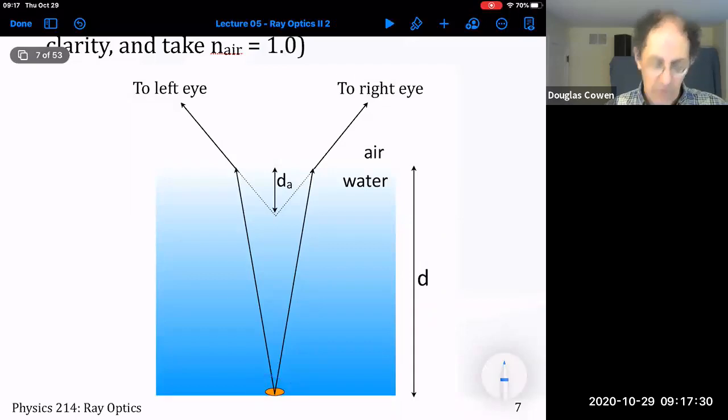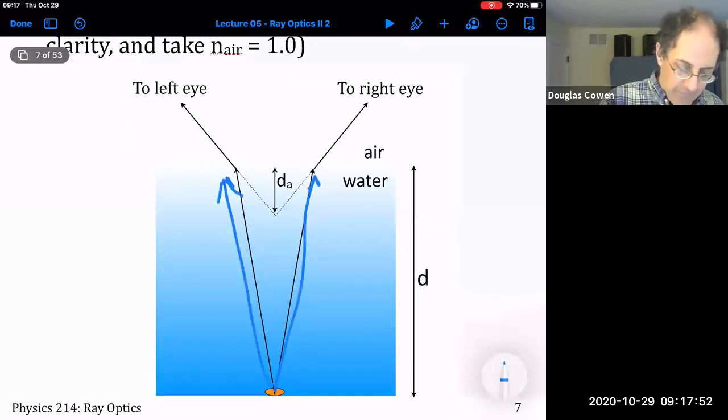We choose a single point on the coin and say some light reflected from the sun above, from that point on the coin, goes up, and those rays have these particular angles as shown, like that and like that.